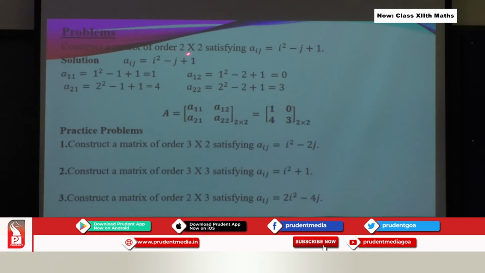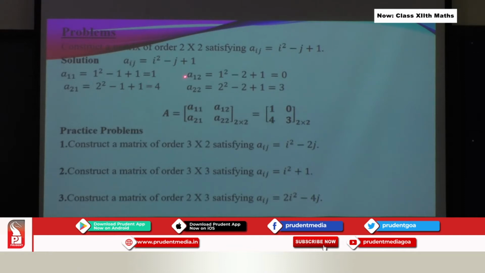I need to get a 2 by 2 matrix, so the number of rows is supposed to be 2 and the number of columns is supposed to be 2. Look at this, this is supposed to be the structure of this matrix. So at the A11 position, using this matrix generator, I am getting A11 equals, wherever there is i we substitute 1, wherever there is j we substitute 1. So we get 1 square minus 1 plus 1 equals 1.